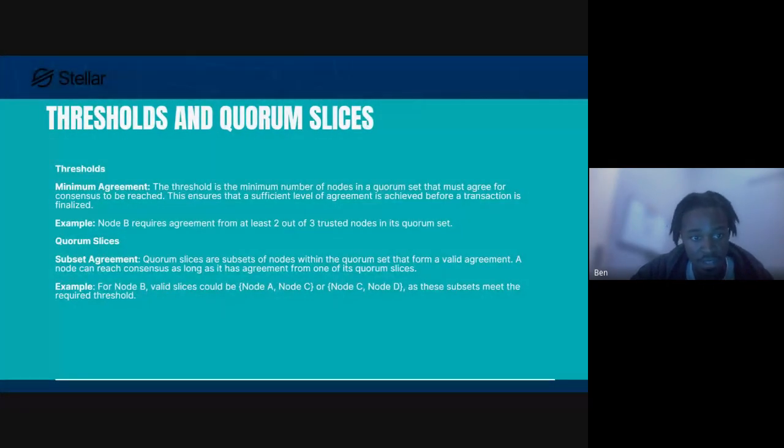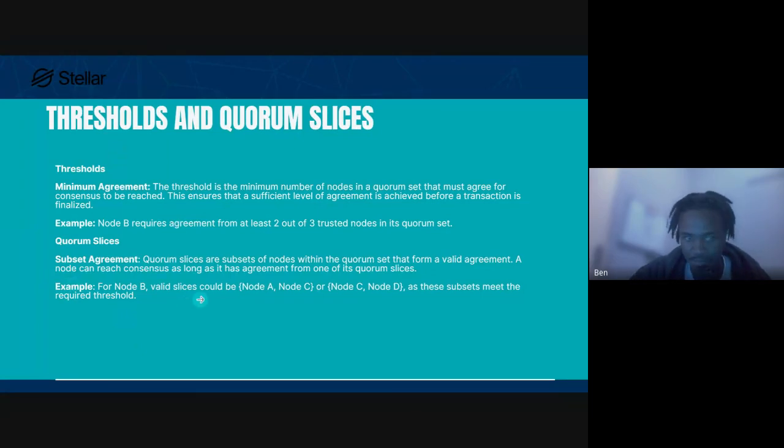This also is set manually. Once you operate your own node, you can say, okay, I've selected 8 quorum set members, and in my configuration I can say I want to reach agreement when 80% of nodes in my quorum set have the same agreement.